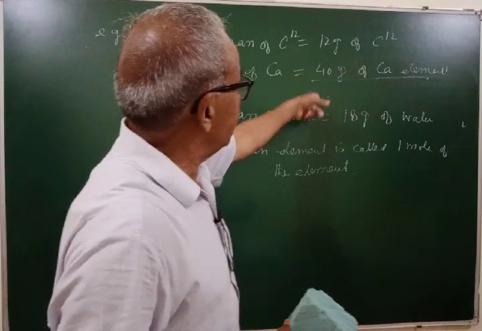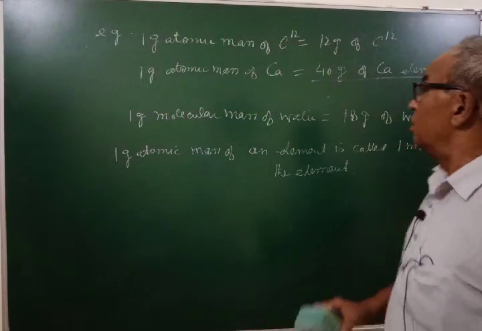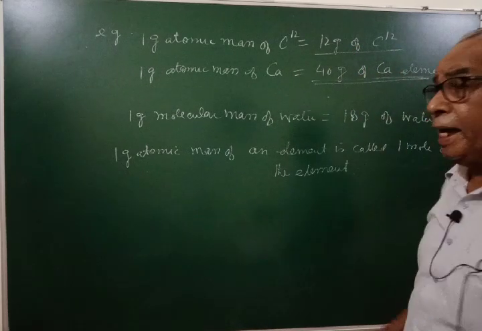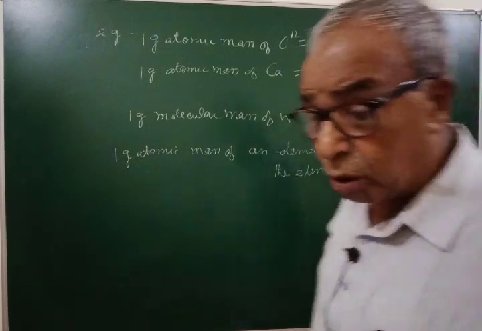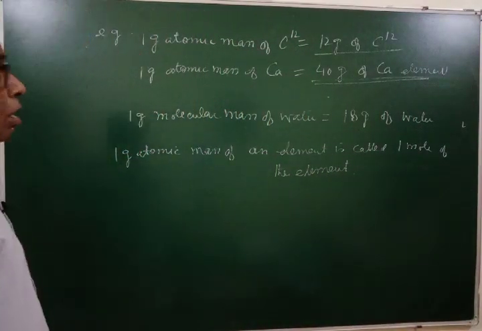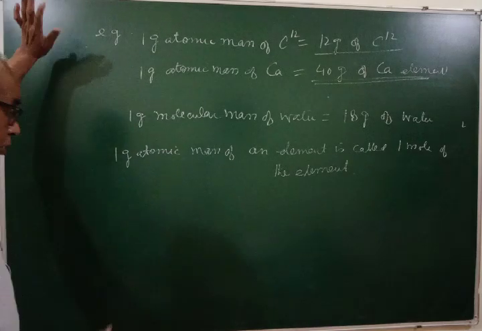Now, when the masses are different, then why has this unit been chosen? Because 1 gram atom mass of every element has the same number of atoms, which is called Avogadro number, which is equal to 6.02 times 10 to the power 23.